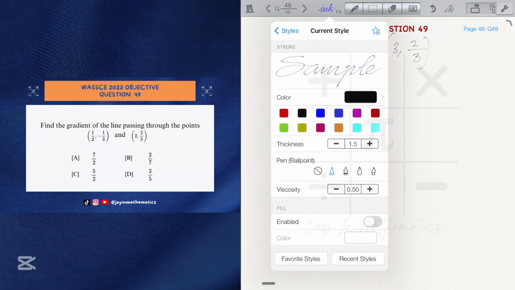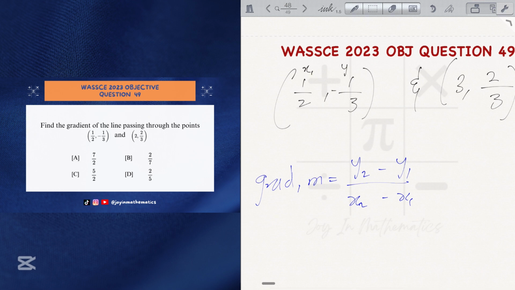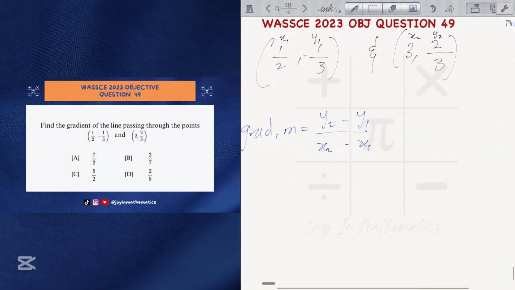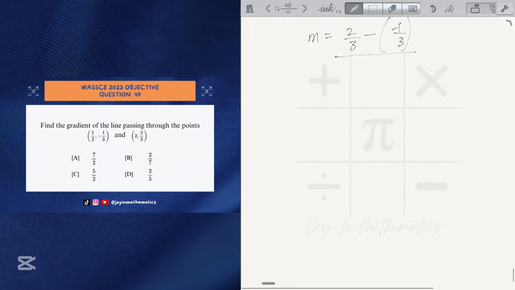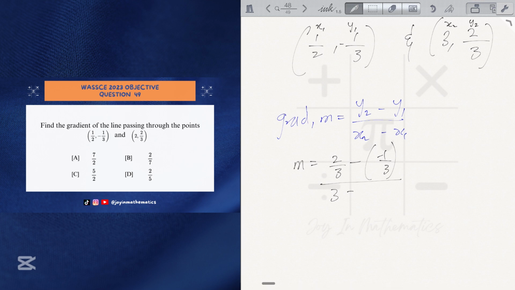So comparing it here, we will have x1, y1 as the first point, and x2, y2 as the second point. So let's evaluate the gradient now. M will be equal to y2, 2 over 3, minus y1, minus 1 over 3, divided by x2, which is 3, minus x1, which is 1 over 2.